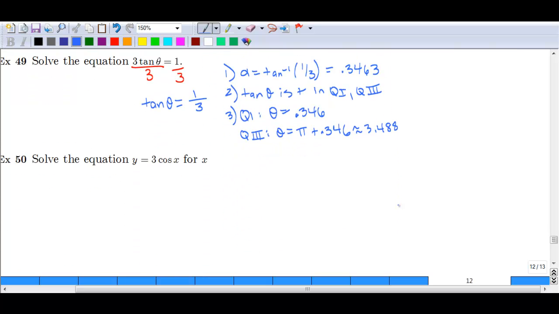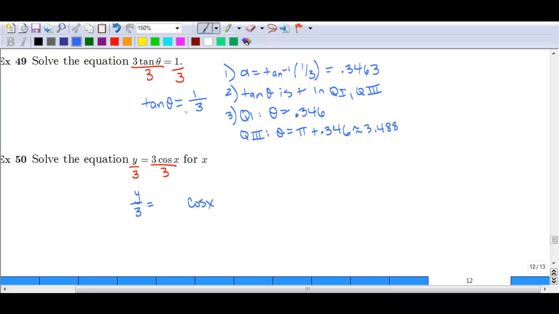This next example here, we're not actually going to get to a numerical answer. This is just more of a theoretical example to get you guys used to the notation. We want to solve this for x. So likewise before, we're going to divide by that coefficient because the x is over here with cosine. We end up with y over 3 is equal to the cosine of x.